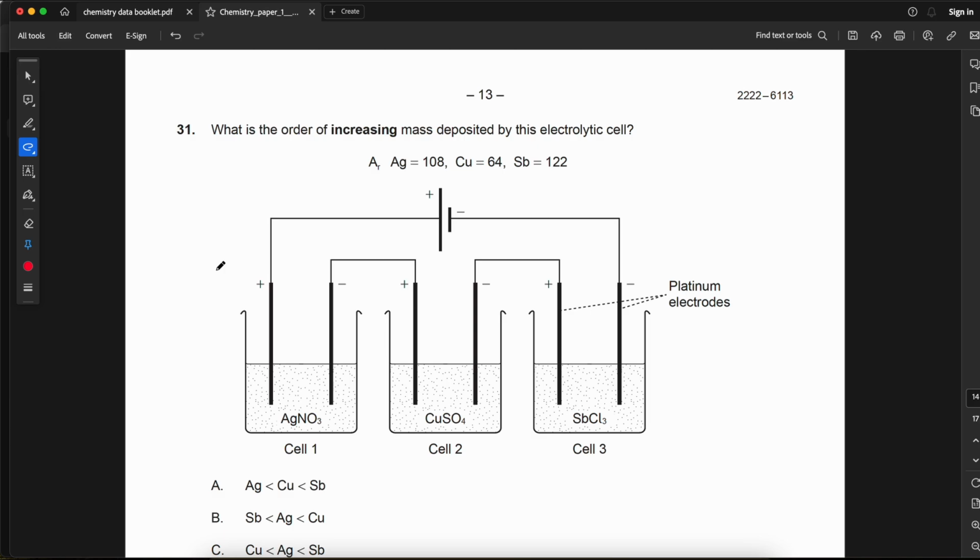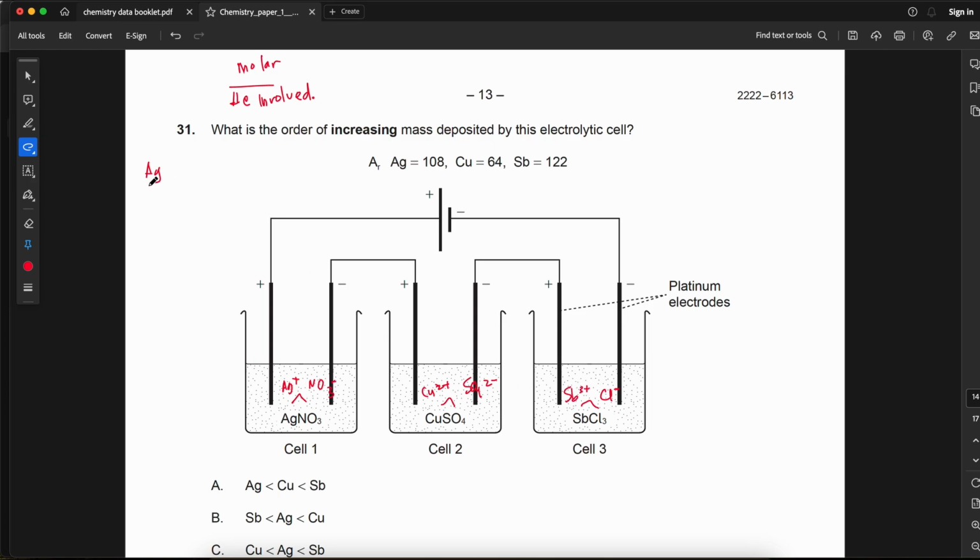So we need to find the equivalent weight of the substance, which is molar mass divided by the number of electrons involved. So for Ag, the electrons involved: Ag+ with NO3-, Cu2+ with SO4 2-, and Cl- with Sb3+.